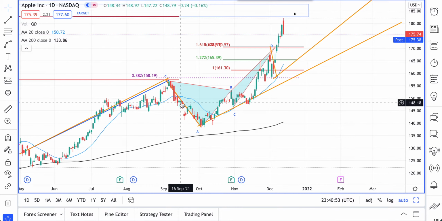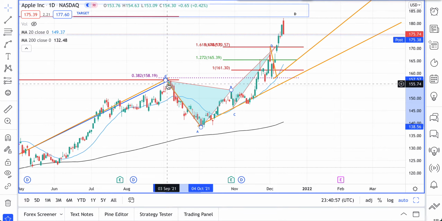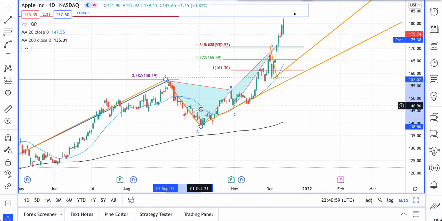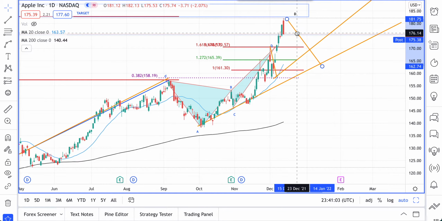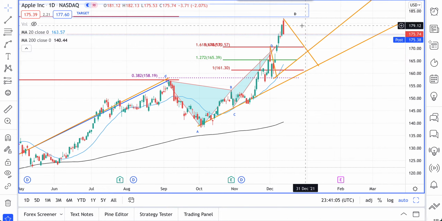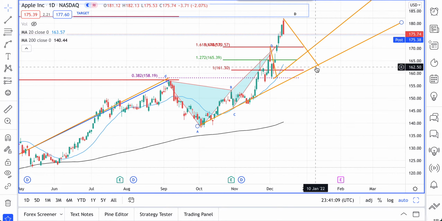Then the next correction we had was from September to the beginning of October, which was of this magnitude. Assuming that this is the high around the $182 mark, we would expect a correction around 162.